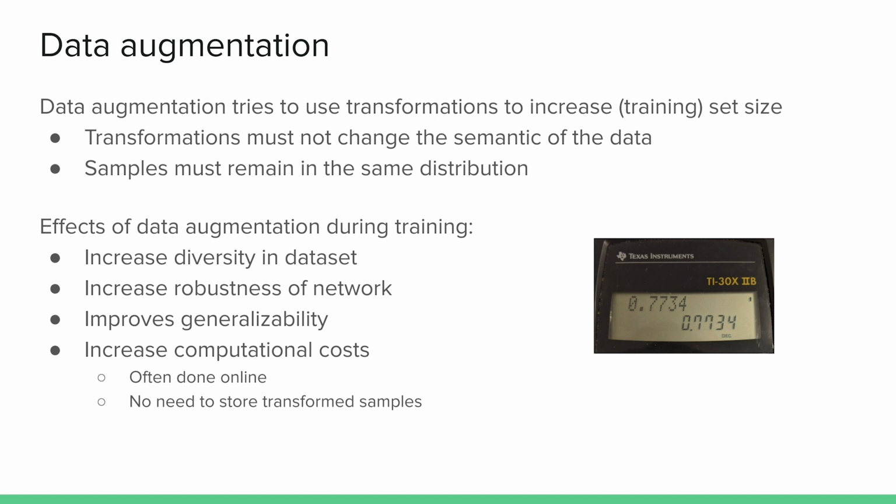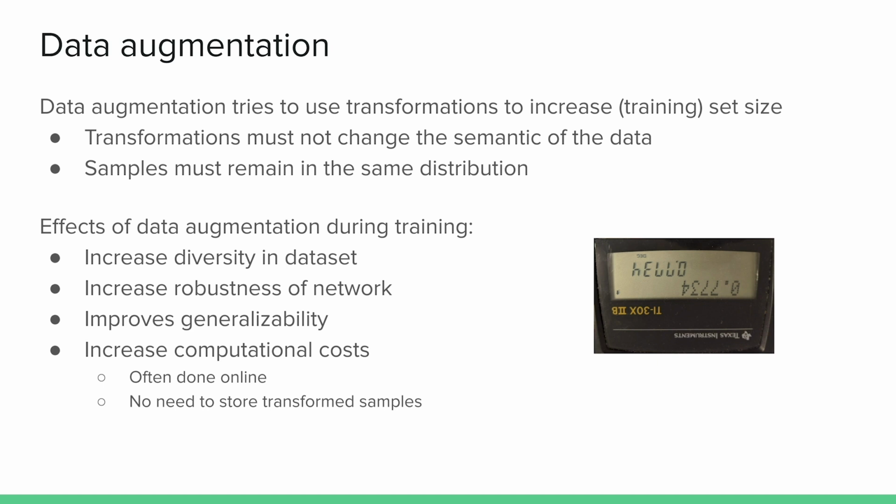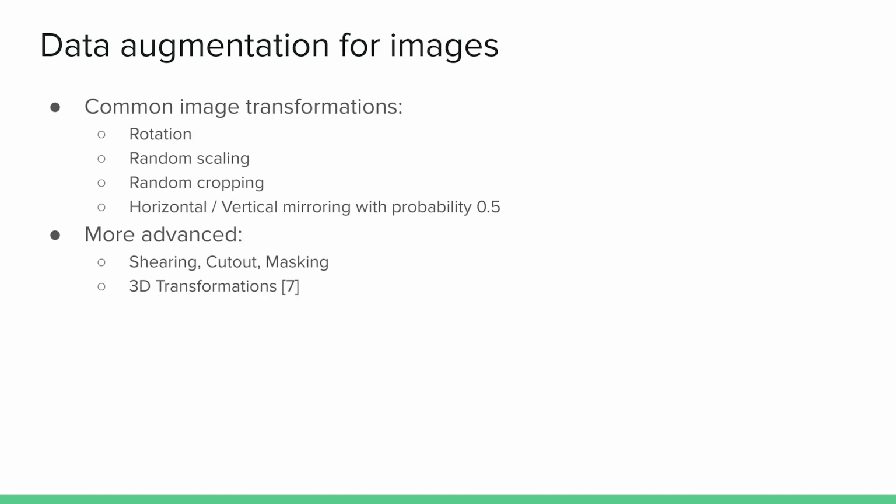If you flip an image horizontally, it might be okay for a cat, but when you are working with text, a B then could look like a D. Or if you perform vertical mirroring, well, you would get something that now says something completely different. So make sure that whatever transformations you apply as data augmentation does not alter the semantics in your particular data set.